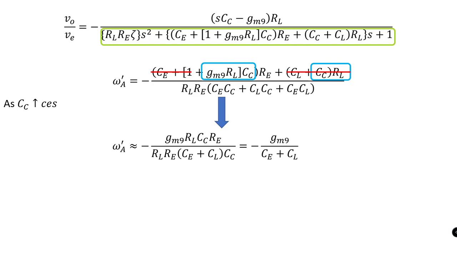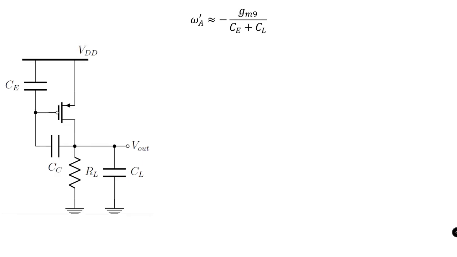Now let's learn a trick to remember this non-dominant pole expression. As shown, let me consider only the second stage in order to summarize the omega A prime expression. This is because the non-dominant pole basically happens to be due to node A and node E alone.